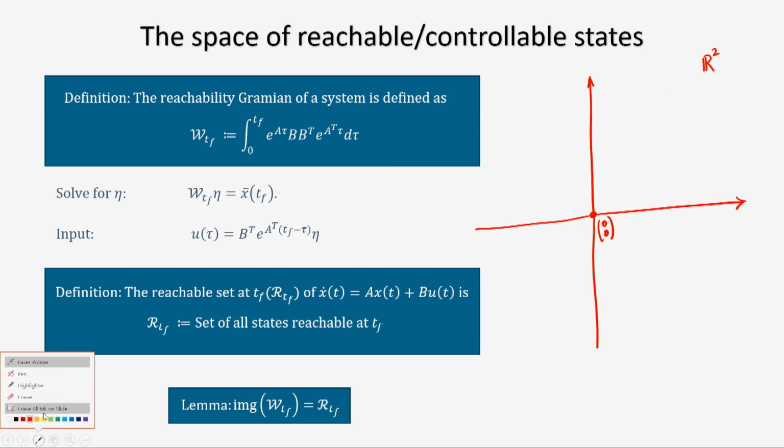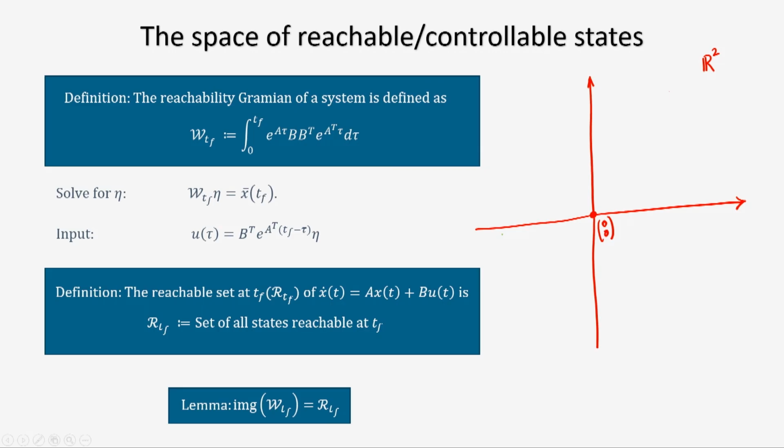However, if the system is not controllable, then I might not be able to go to any point on the entire space. I will be able to go to only those points which belong to the image of W(t_f). Now, what is the image of W(t_f)? The image of W(t_f) is nothing but the span of the columns of W(t_f).